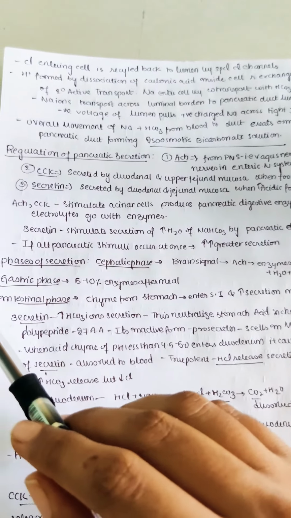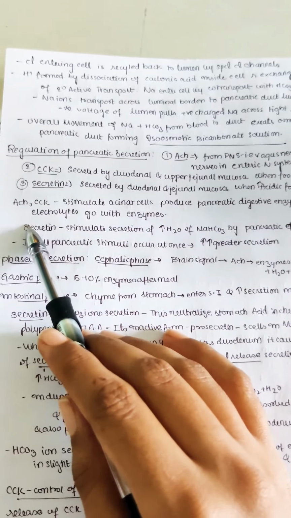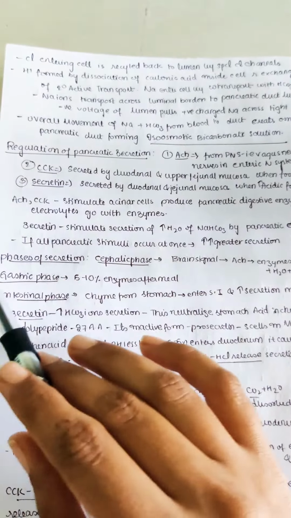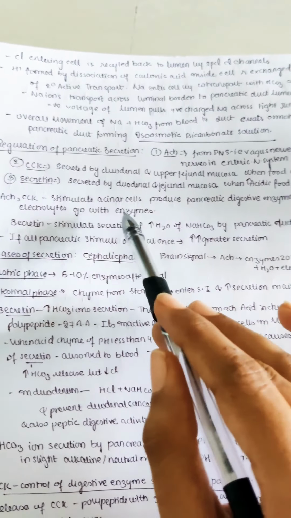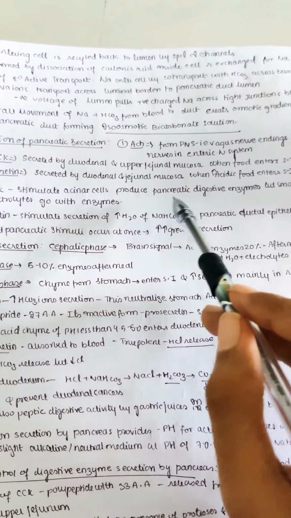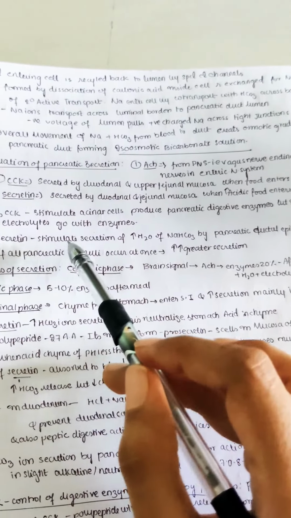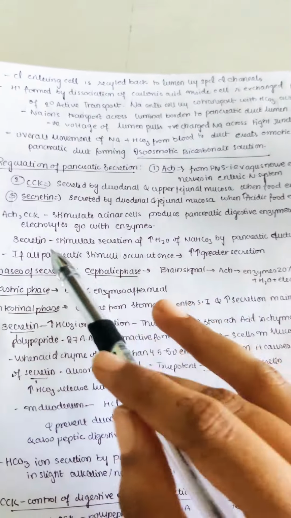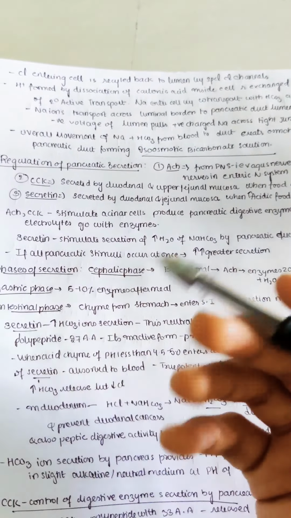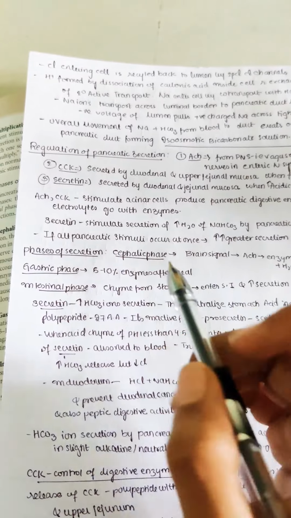The secretin gets released. So here you can see acetylcholine and cholecystokinin both stimulate the acinar cells, which are mainly useful for the production of pancreatic digestive enzymes, but a small amount of water and electrolytes also go along with the enzymes because of osmotic pull or other charge pulls.